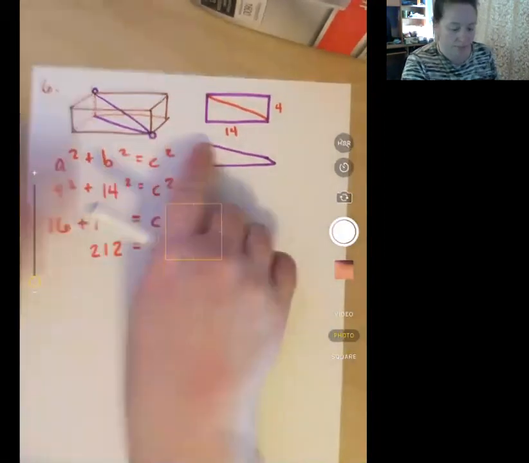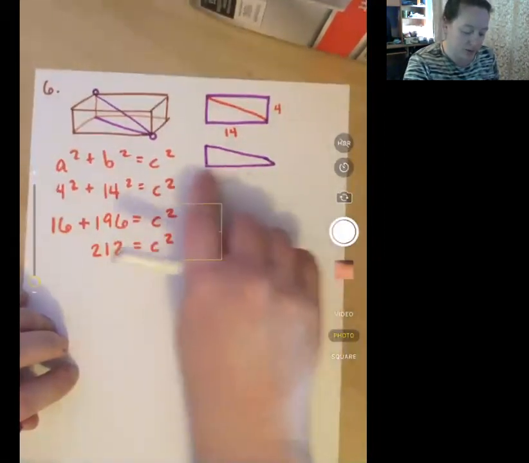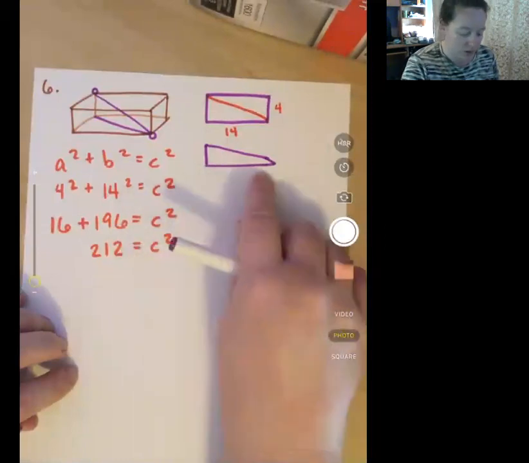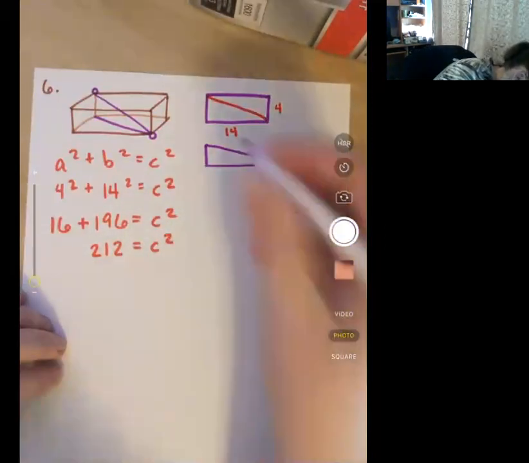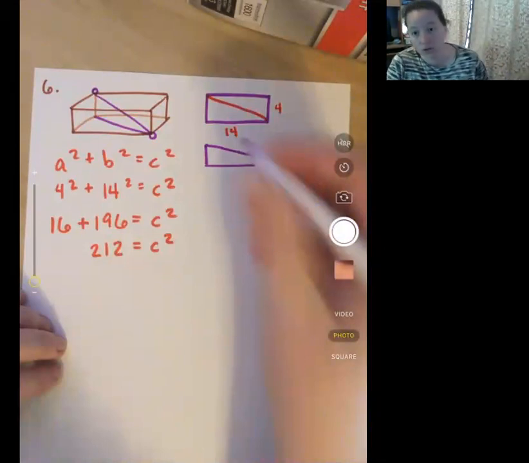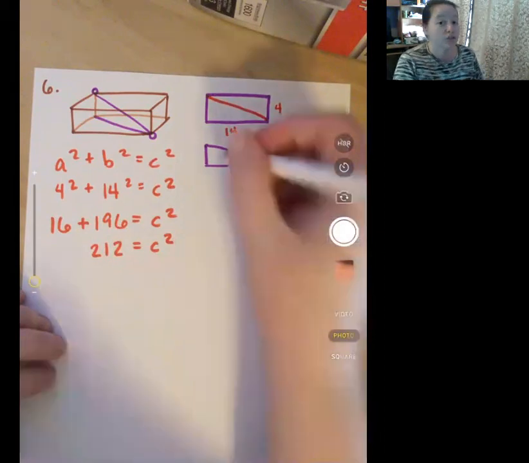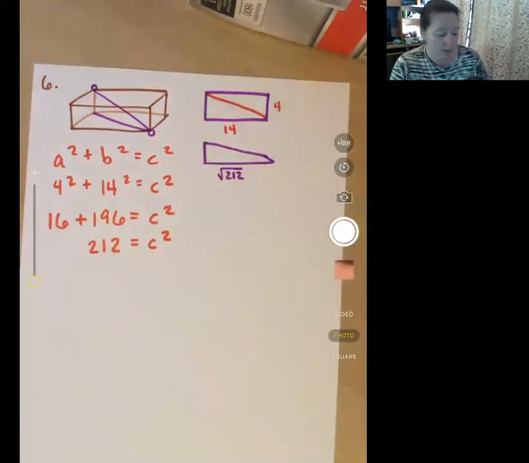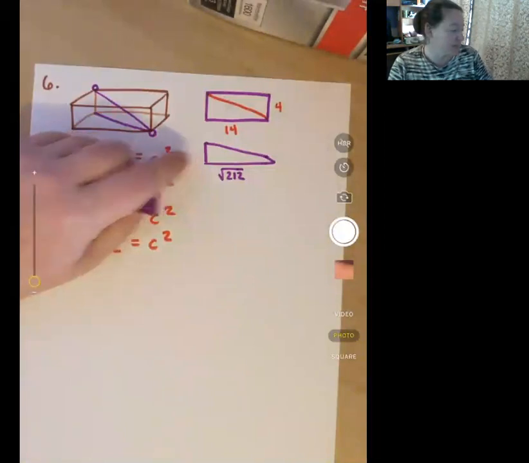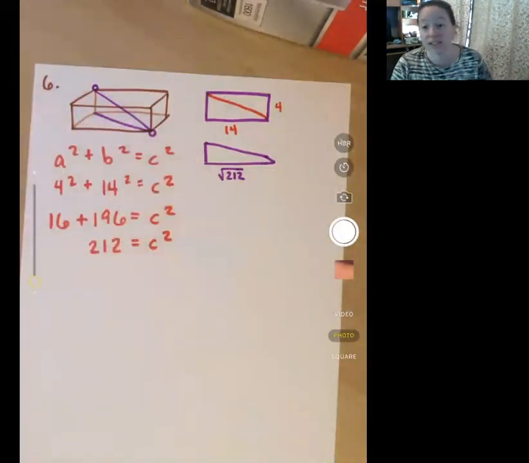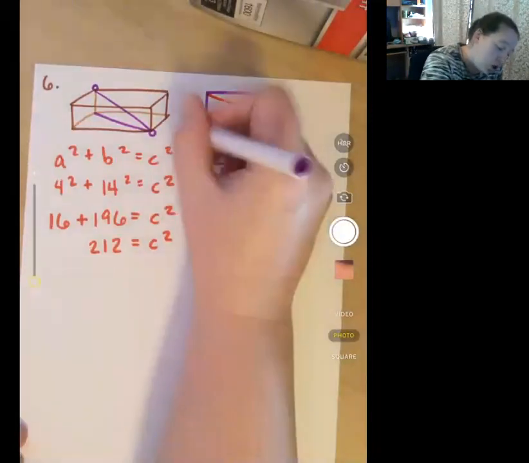This line down here is the 212 that we just found. So I'm going to put down the square root of 212. That's what we just found. The square root of 212, that is what that line is. This line here, we're told at the beginning. It tells us how tall this box is. It tells us that this box is 4 inches tall. So we know that that's a 4.